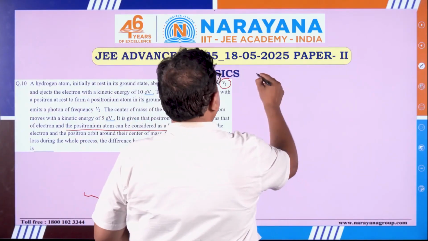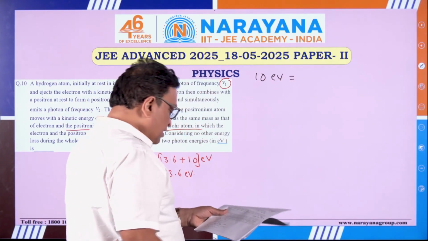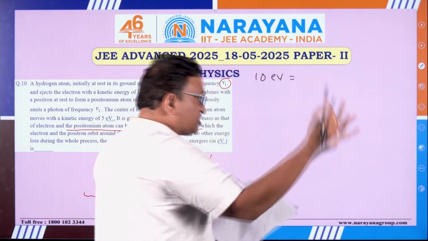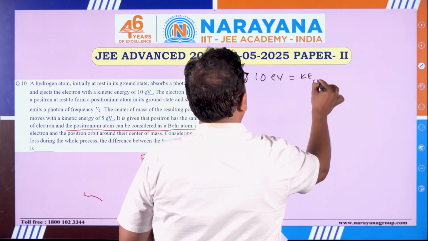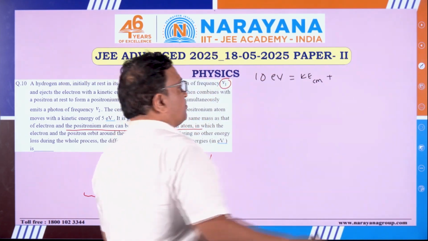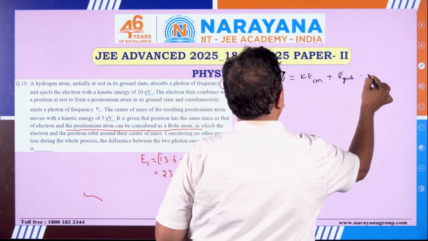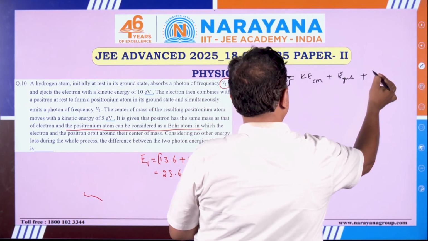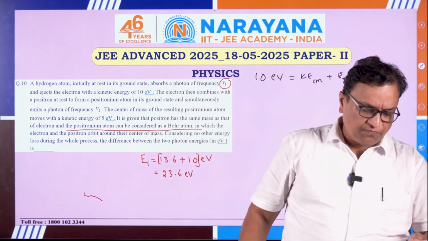Now what is happening is this 10 electron volts which you are receiving is distributed as the kinetic energy of the center of mass plus that ground state energy, the binding energy otherwise, E ground state plus E2. That is the energy where you got a photon.